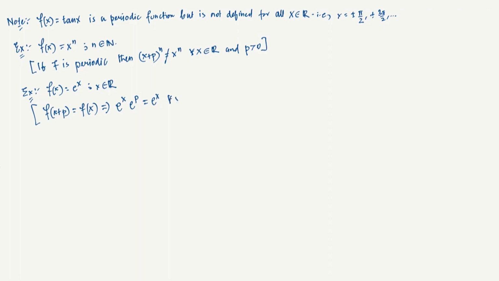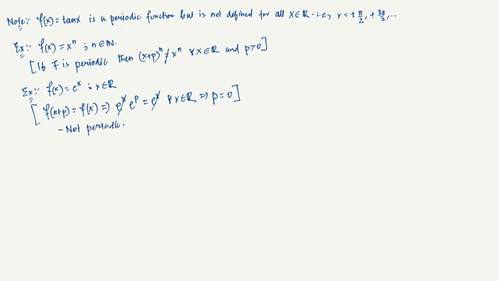This should hold for all x in R. But exponential is always positive, so you can cancel e power x from both sides. So e power p has to be 1, which implies p has to be 0. But that can't be a period, because the definition of period is a real number which is positive. So this is again not periodic.